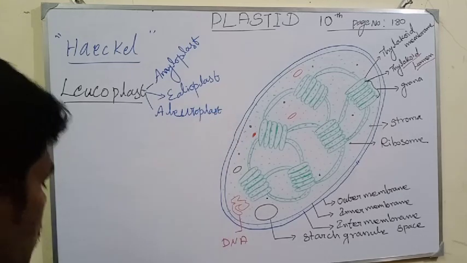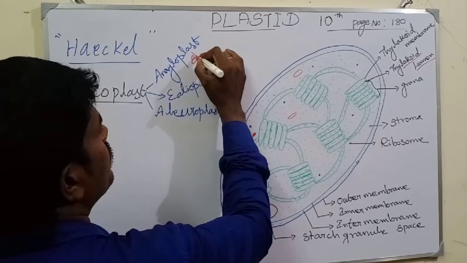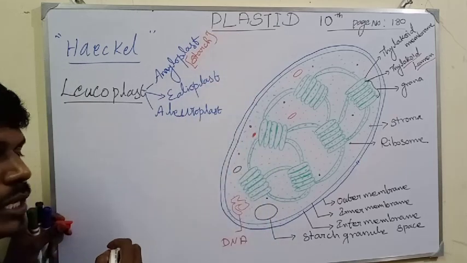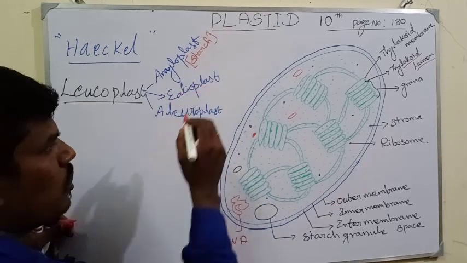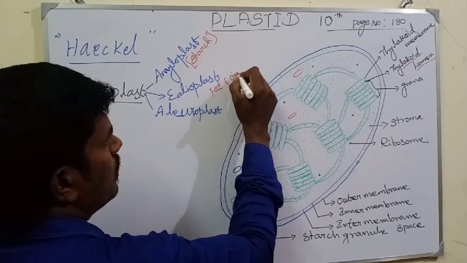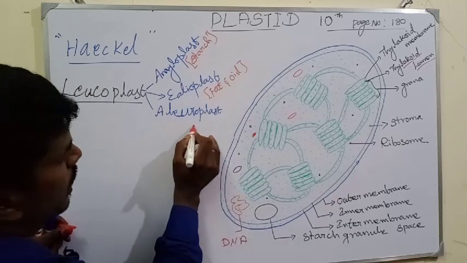See, the amyloplast is responsible for storing starch. Elaioplast stores fat and oil. And aleuroplast stores protein.